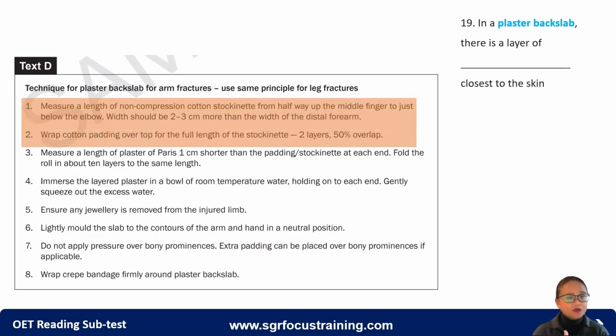It said, wrap the cotton padding over the top of the full length of the stockinette. Oh, okay. So that means if you're wrapping cotton padding over the stockinette, then the stockinette was the very first thing that we actually put closest to the skin. So the answer in here is stockinette, okay? Which is here on number 2.